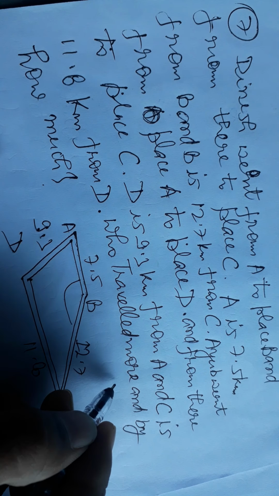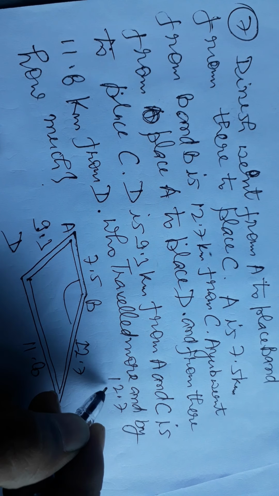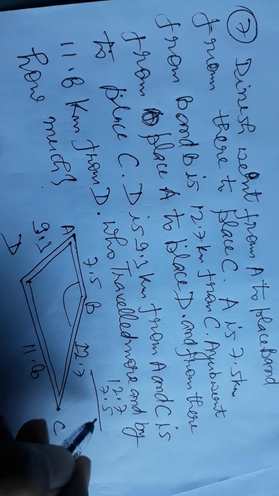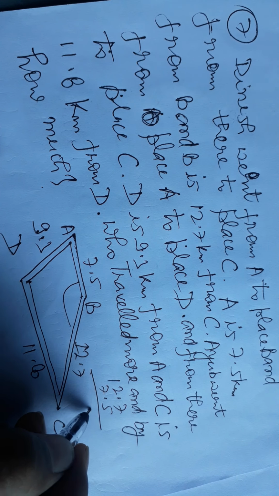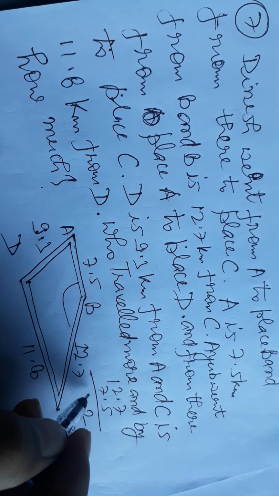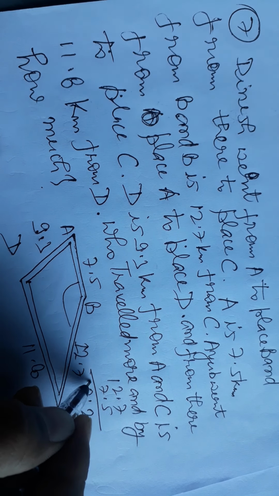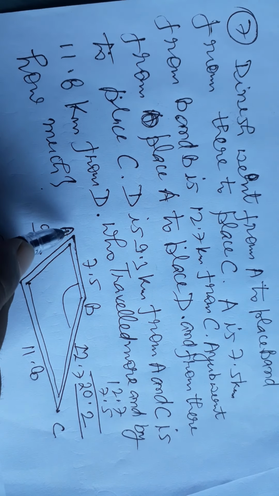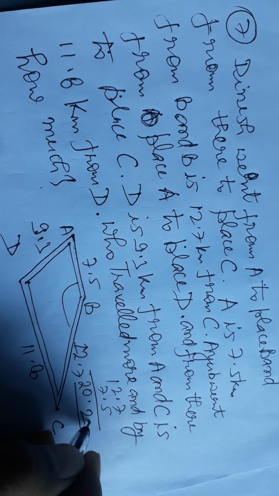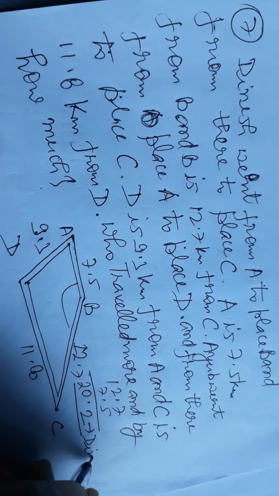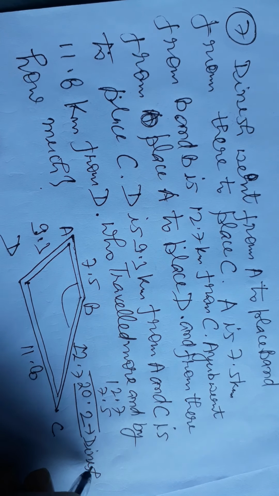So 12.7 is added to 7.5. 7 and 5 is 12, 1 carry. This is 10, 1 also carry, 20.2. This way Dinesh traveled 22.2.